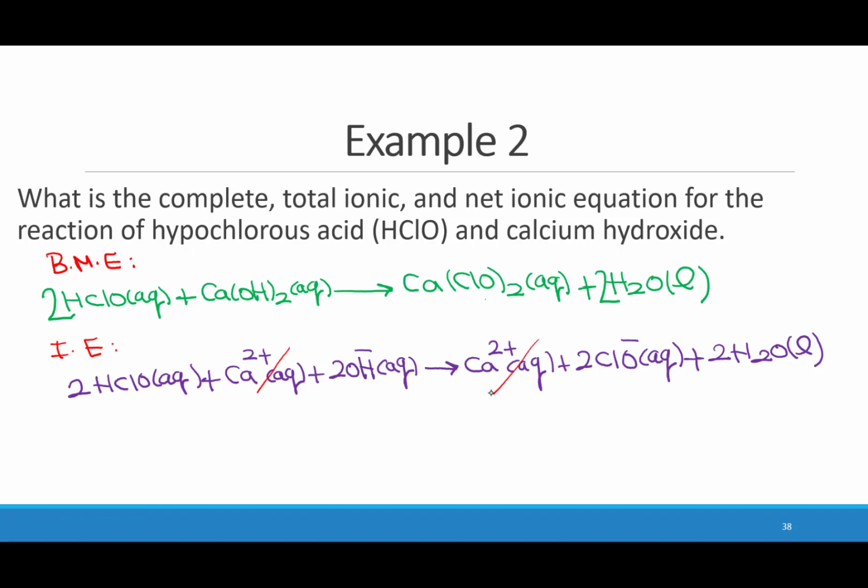Calcium ion is our only spectator ion. We have no other spectator ion.